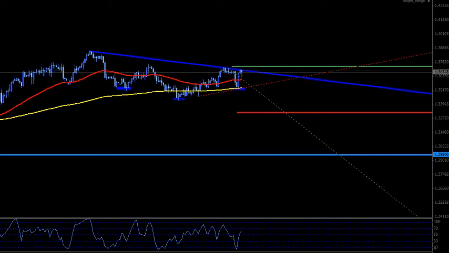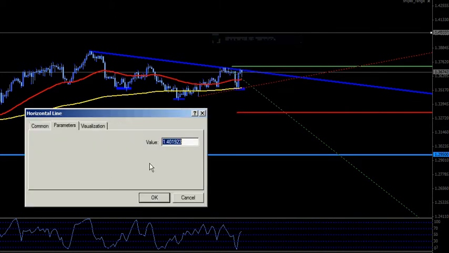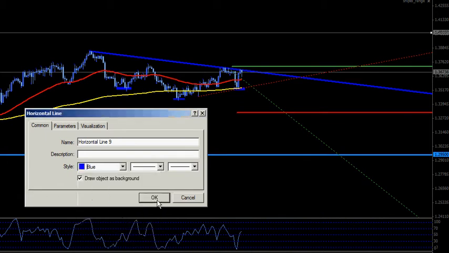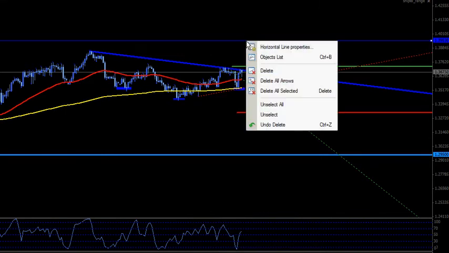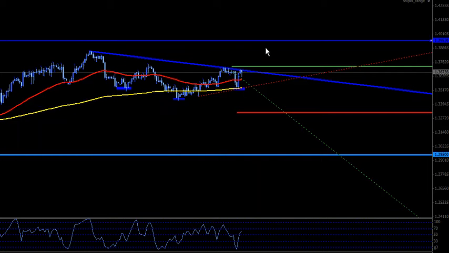So I'm going to put a line at 39.53. And I'm going to make that blue to represent the head and shoulders colors, and I'm going to increase the size a little bit.